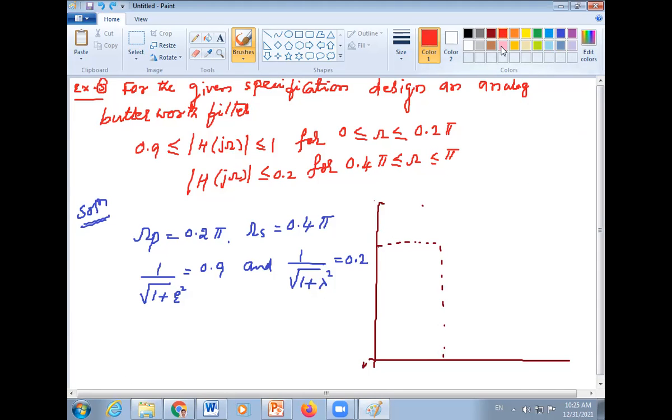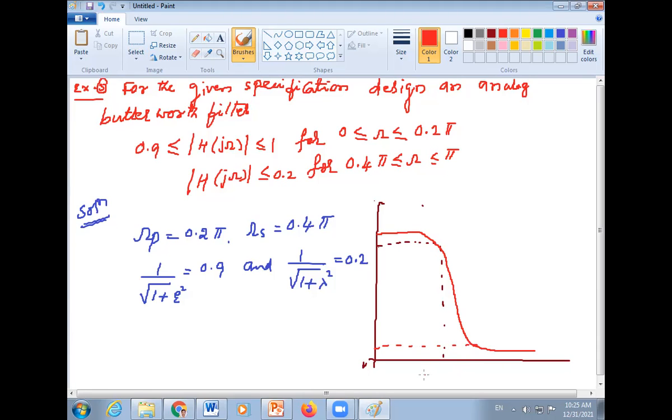If we have a response this way, it will be like this. This is the response of our low pass filter.